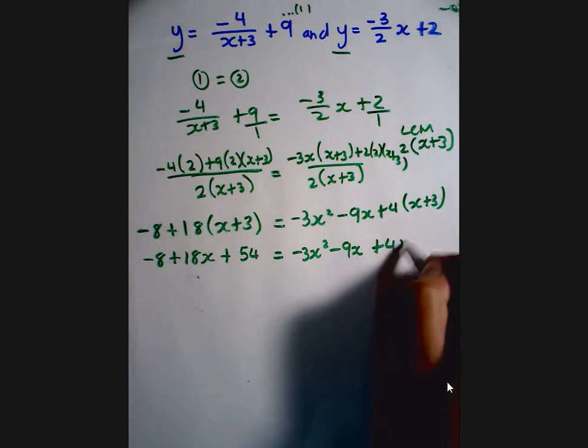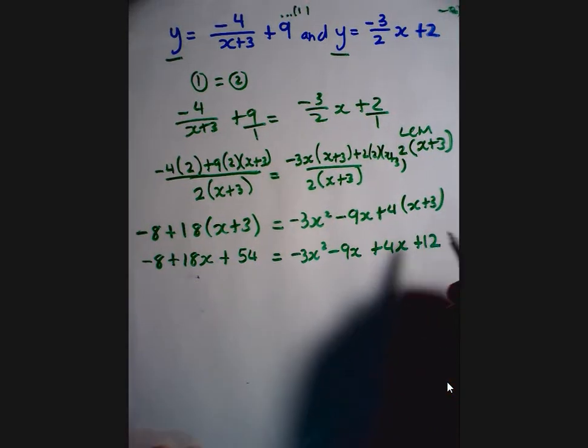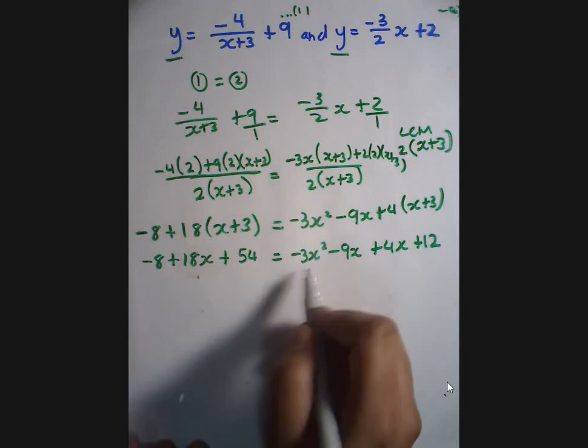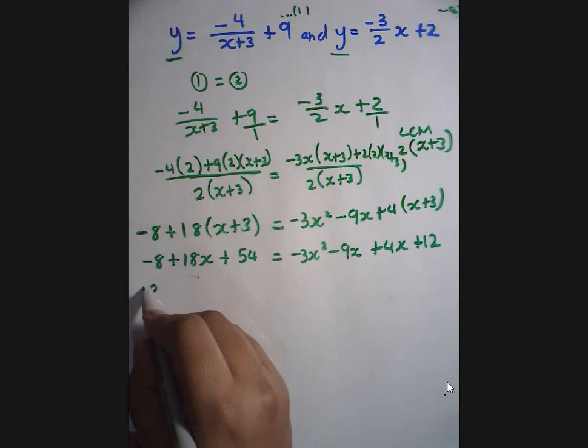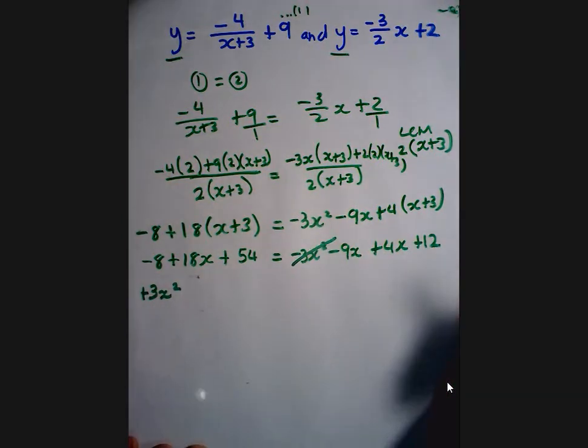You see, these things are not difficult, they're just very long, and because they are long, some people forget what to do afterwards. So what I'm going to do is move all my stuff onto one side. Minus 3x squared will become positive 3x squared, so there's no other x squared. Then I have 18x.